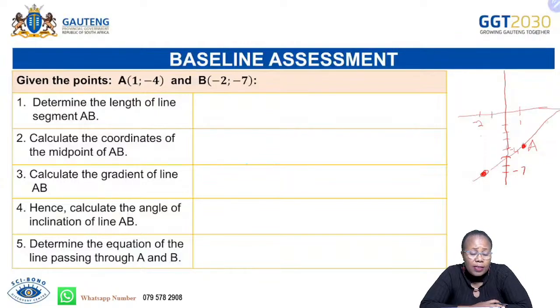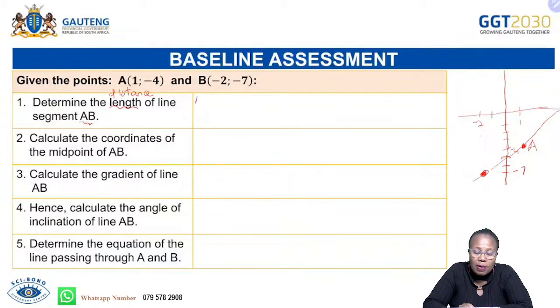The first one: determine the length of line segment AB. Since they say length, the minute you see length or distance, we use the distance formula. Originally distance is written D equals the square root, but in this case we must be specific because we are given a segment.